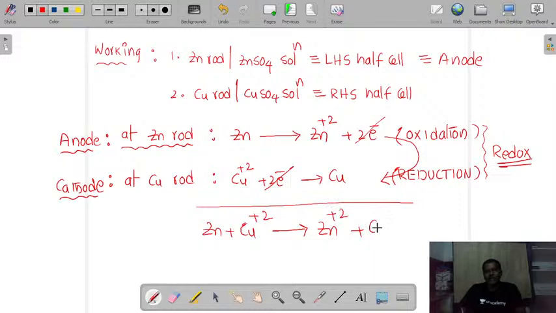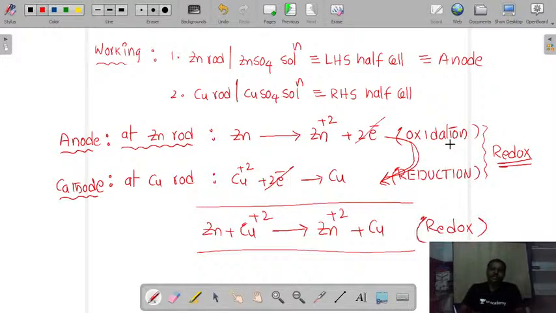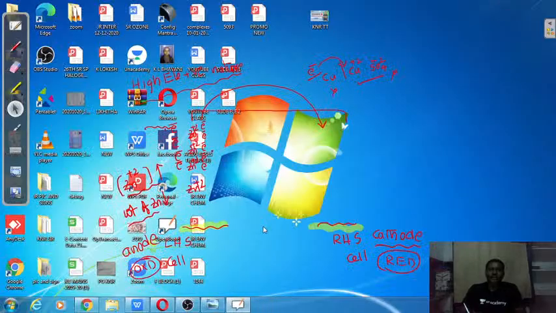The flow of charges is called current. The cell generates electrical energy from a redox reaction. This is the working of a galvanic cell.